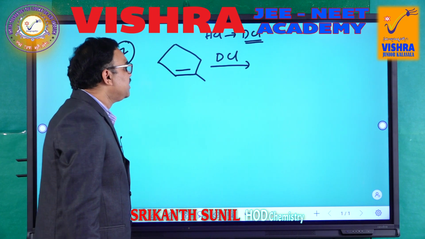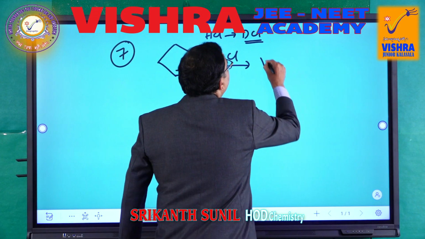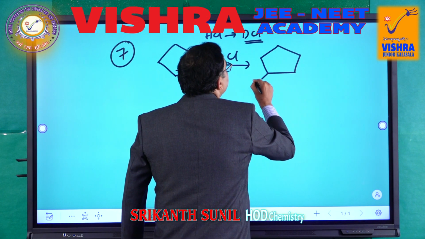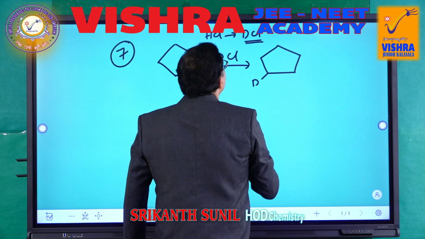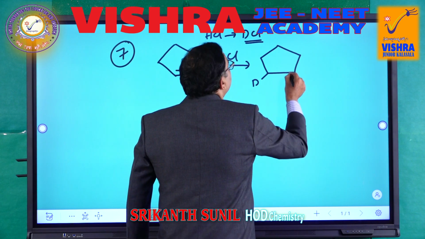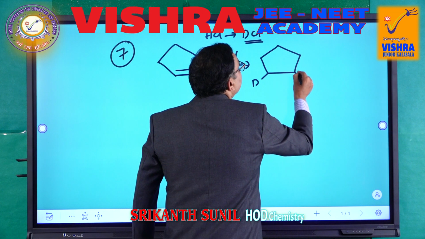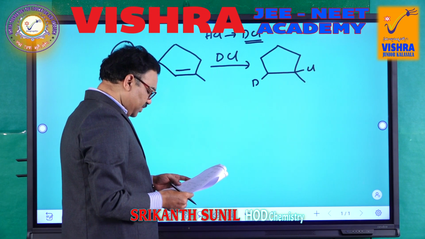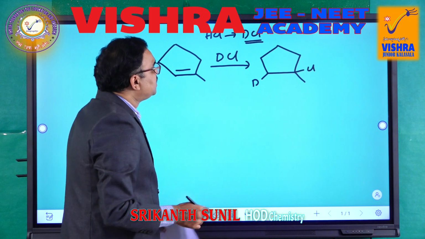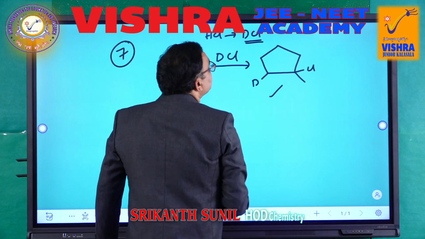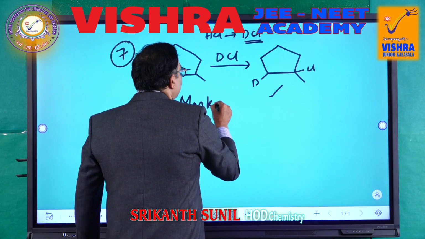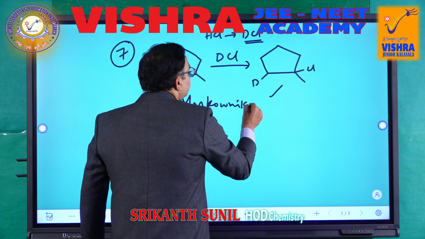So what are you going to get? Simply, you are going to get Markovnikov addition. So D will be attached where more hydrogens are there, and Cl will be attached at the other carbon. So this one will be the option. This one is Markovnikov addition.